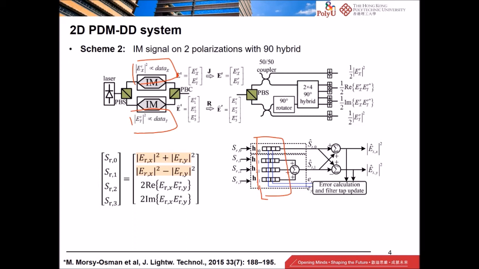In particular, the transmitted Stokes vector, especially ST1, will be the output of a 3x1 filter, where SR1, SR2, and SR3 will be the input.